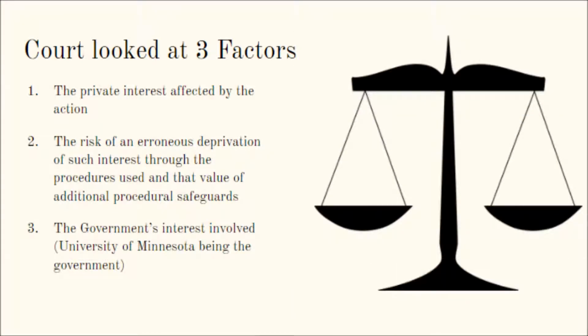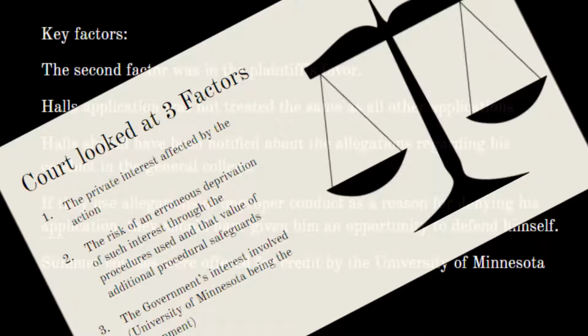When reviewing the case, the court looked at 3 factors. The first factor looked at the private interest affected by the actions. The second factor was the risk of erroneous deprivation of such interest through the procedures used and the value of additional procedural safeguards. And the third factor looked at the government's interest involved. Government, in this case, meaning the University of Minnesota.